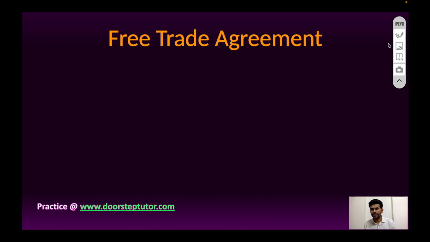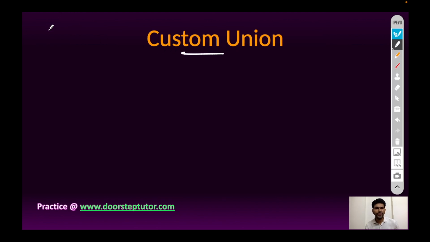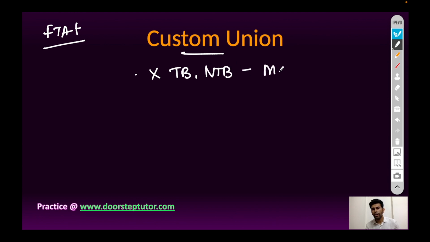Next is customs union. It is an extension of free trade agreement wherein there will be elimination of trading barriers and non-tariff barriers among member countries, and the same policy for non-member countries.